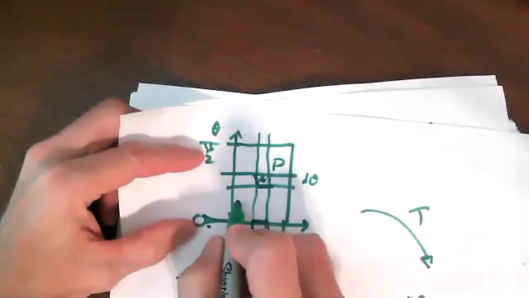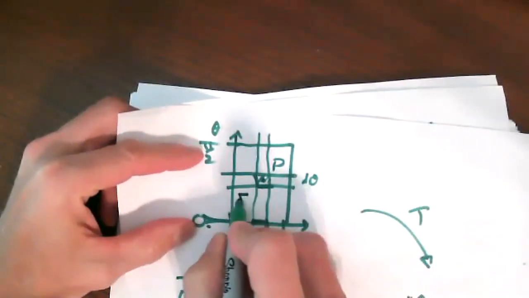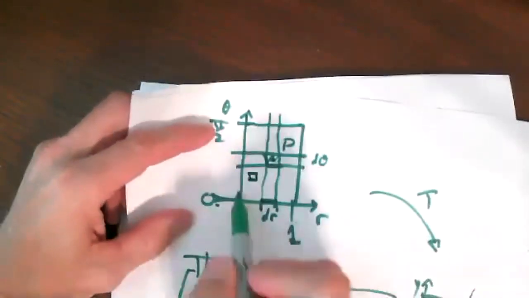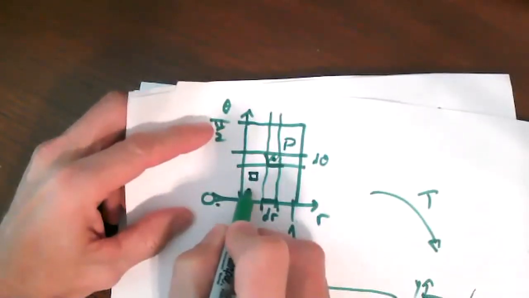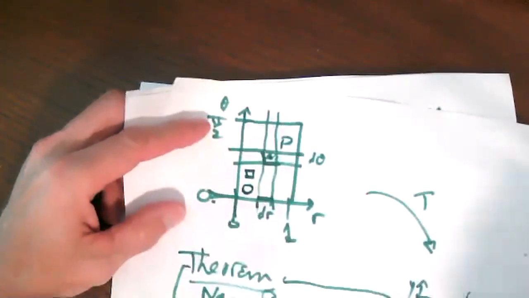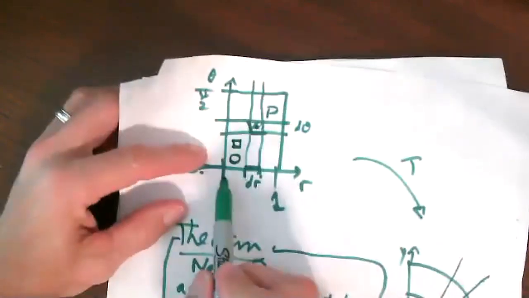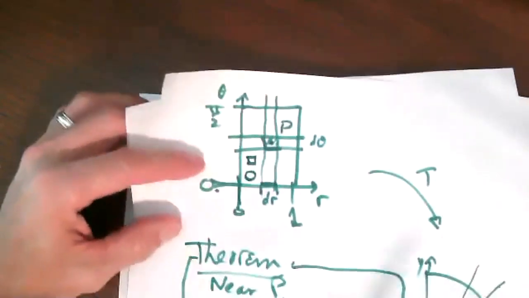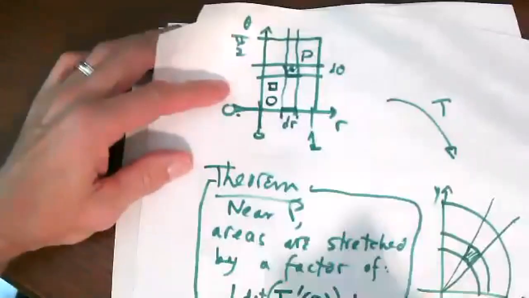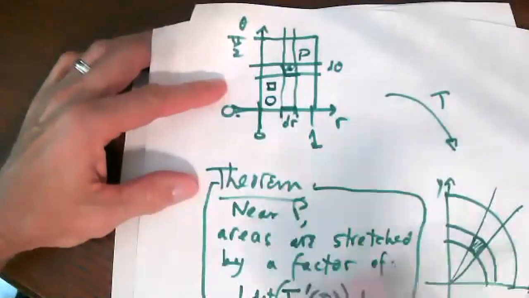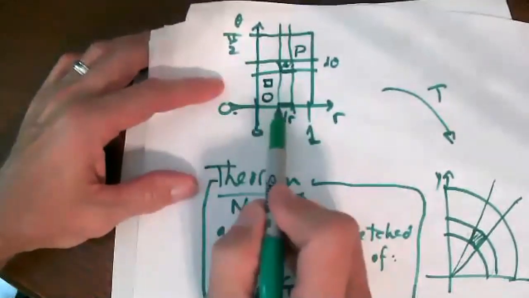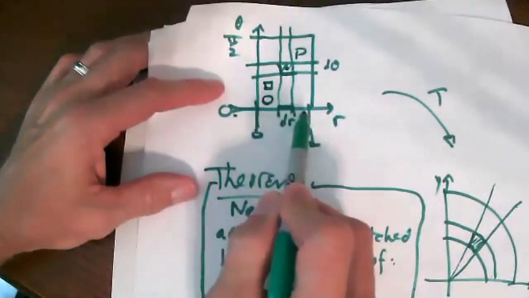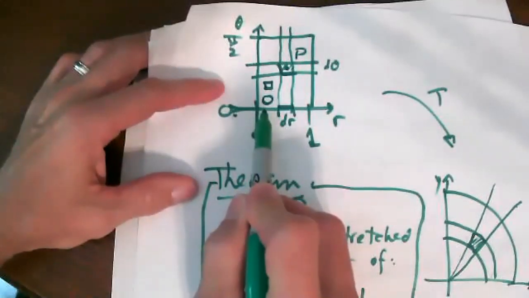What that should mean is that when you take portions of this picture, portions of this big rectangle, they don't even have to be squares or rectangles. Take a round portion of this rectangle. Follow through what happens to it when you apply this transformation T. According to this theorem, you should get something that's got its area stretched or shrunk by a factor of approximately what your r coordinates are.